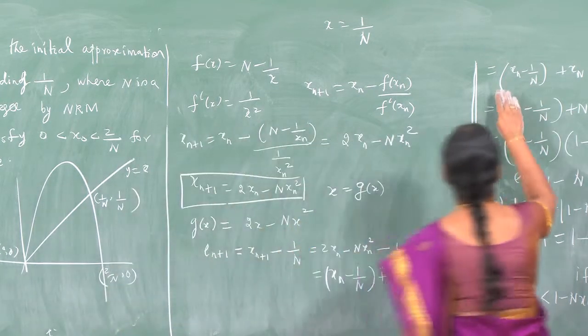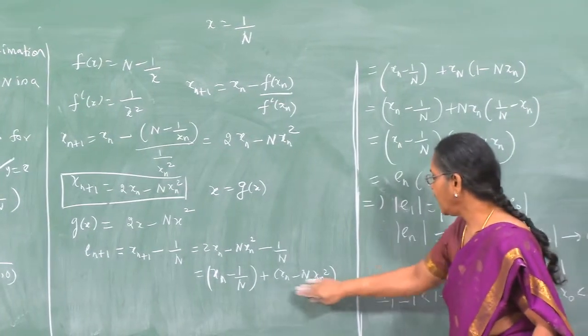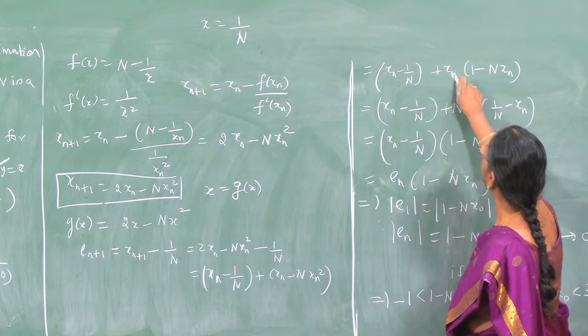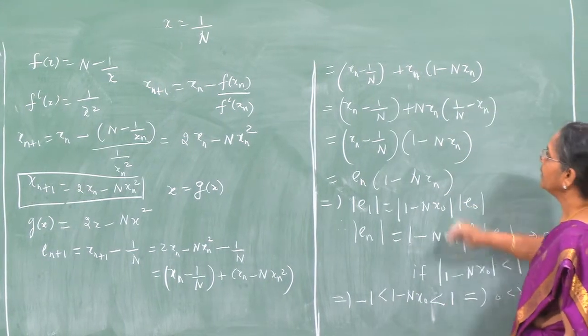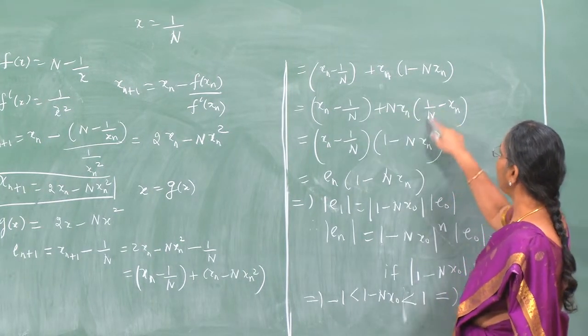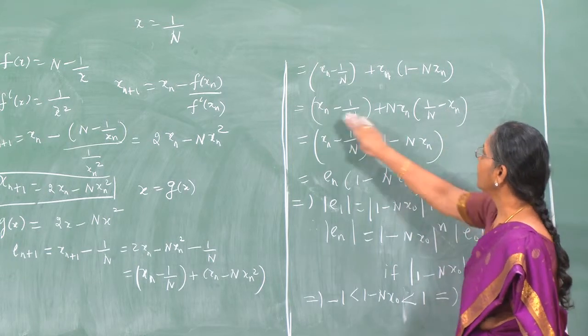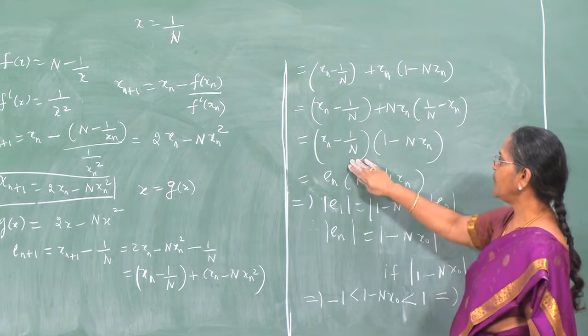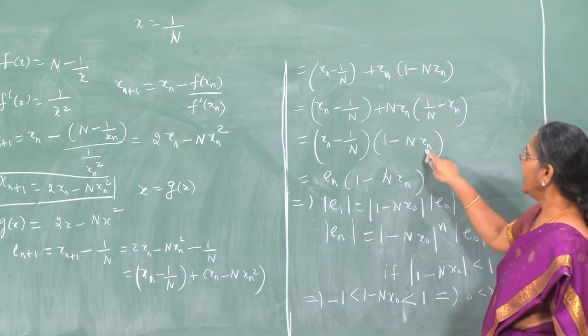So, we have xn minus 1 by n plus I can take out the factor xn. So, xn into 1 minus n xn, and write this term as n xn into 1 by n minus xn. So, from these two terms I can remove the factor xn minus 1 by n, and then the other factor will be 1 minus n xn.